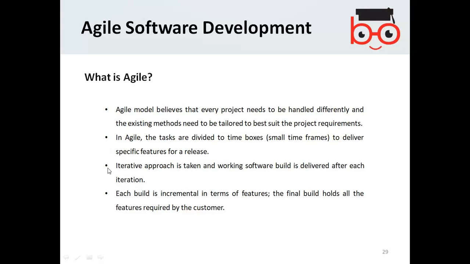So Agile is basically an iterative approach done in incremental phases according to time. Whatever time you have, you come up with the increments. However, in the normal waterfall model, you need to go through each and every phase. Once every phase is complete, then you can move forward to the next.